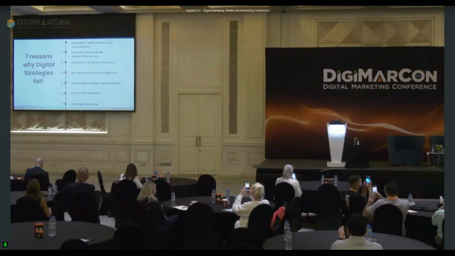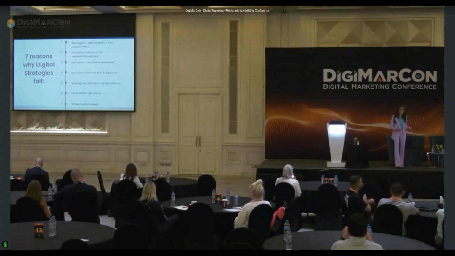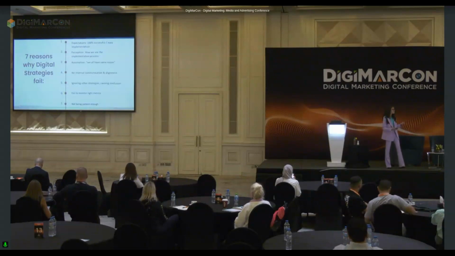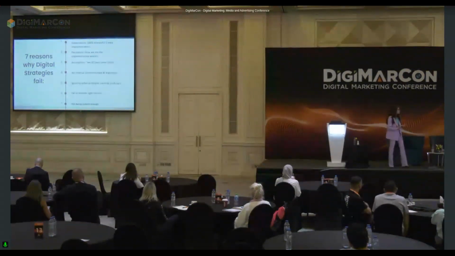Having 100% expectations that the strategy you just built is going to be 100% successful, or so easy to implement that everybody is going to be on board with it, including your admin assistant, your procurement department, your finance guys. This is a wrong expectation, and this goes for everything in our life. Next, perception.